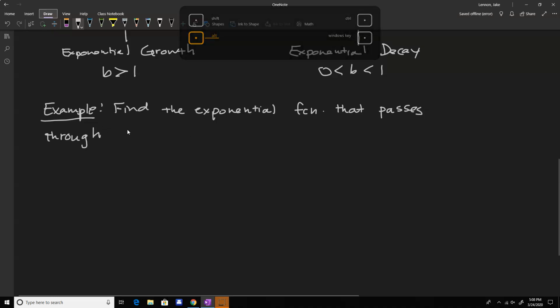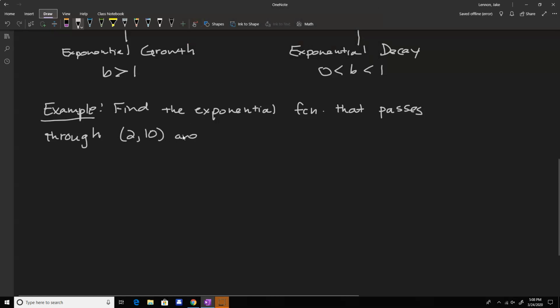Sorry, I keep hitting this button accidentally because I'm left-handed on my tablet. So through the points (2, 10) and (4, 75).